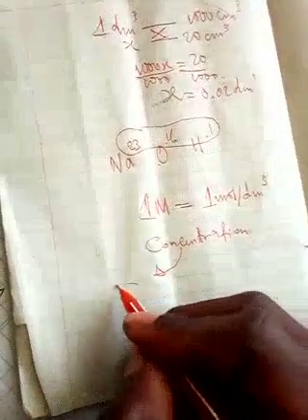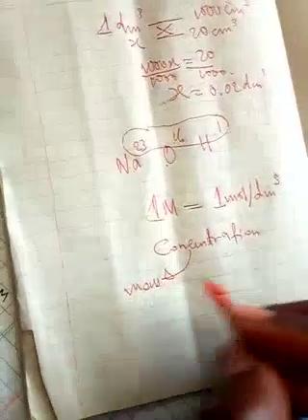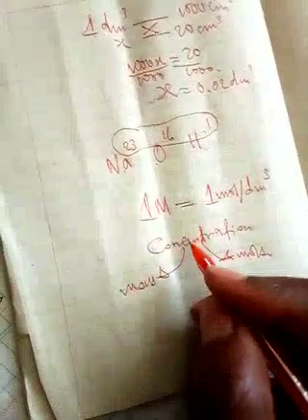So when you're talking about concentration, like we had said, concentration can be expressed in 2 ways, either in terms of mass or in terms of moles. We saw that if the concentration is expressed in terms of mass, the units are going to be grams per decimeter cubed.